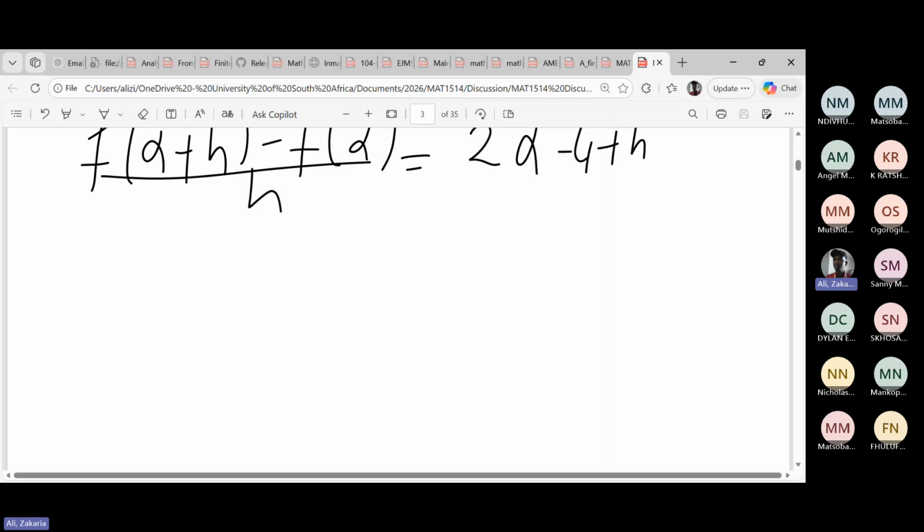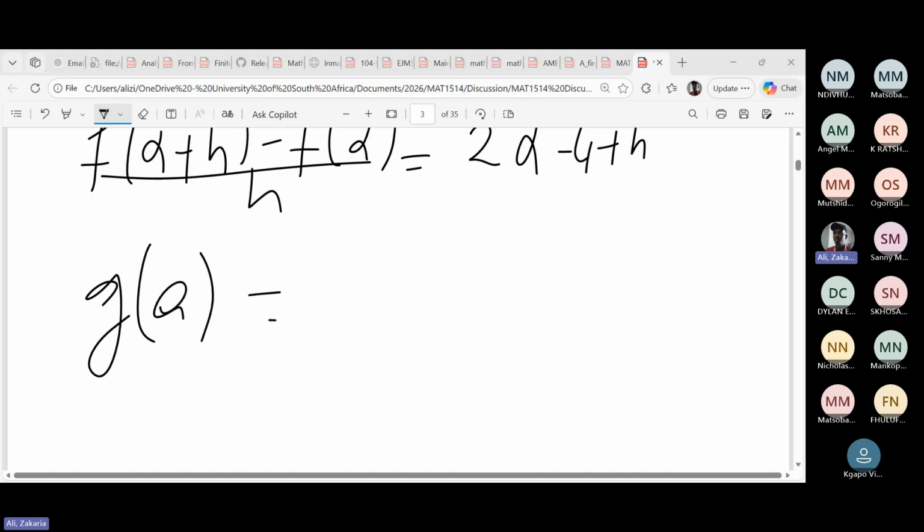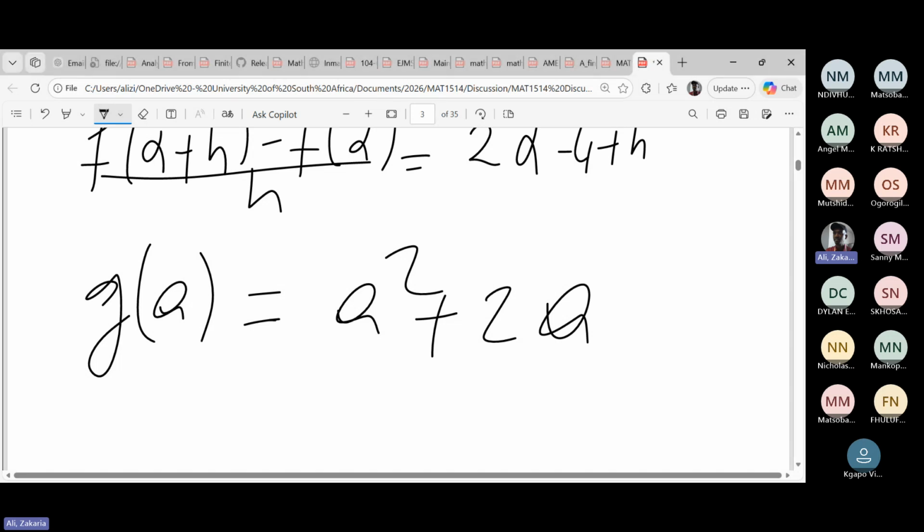The same goes for h. In the same way, if someone writes a function, let's say g of a, given by a squared plus 2a. So that's the function where a is in the domain. I can literally ask you to evaluate g of 2, g of 3, g of 4, g of 5.